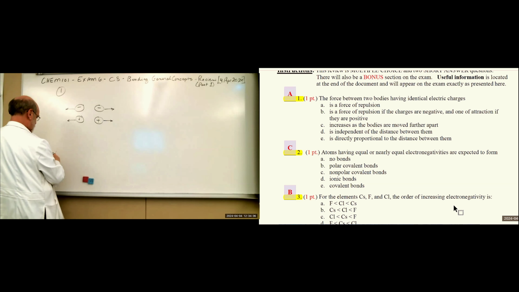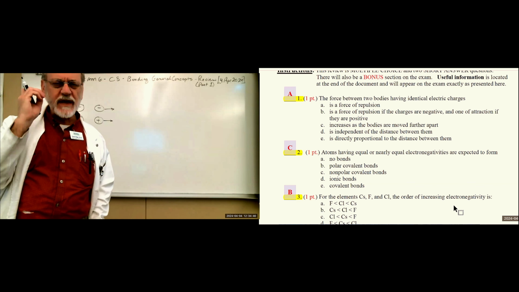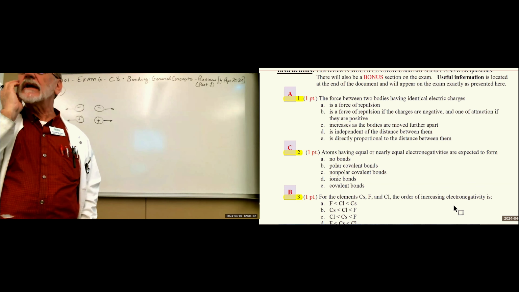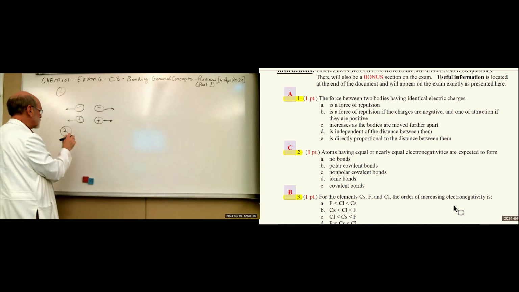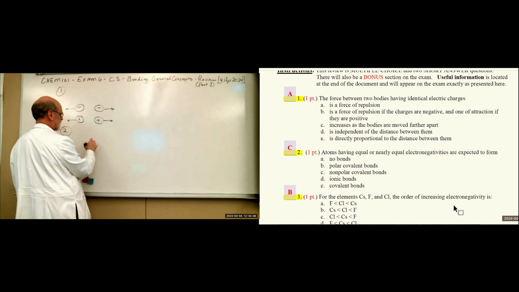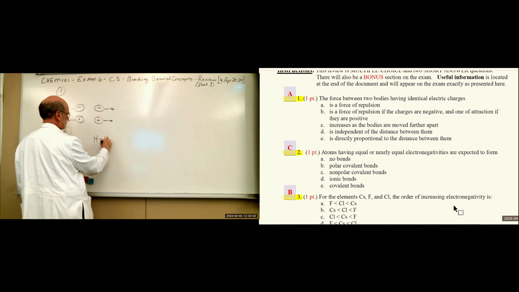Number two. Atoms having equal or nearly equal electronegativities are expected to form what? If you have two atoms, let's just use a real world example. Let's say we have two hydrogens.